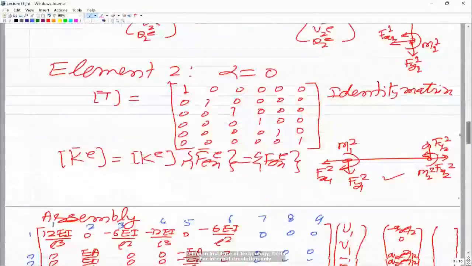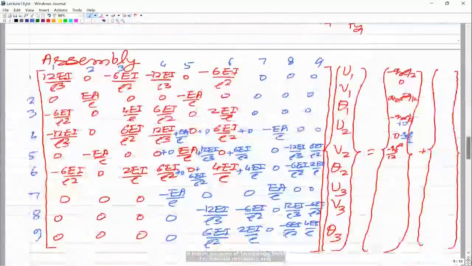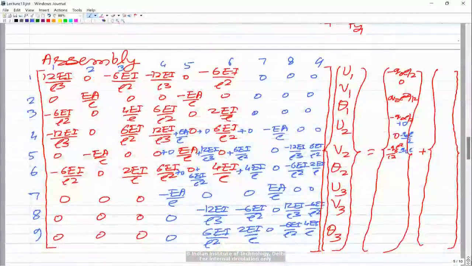So it is 0 here. Here it would be minus q naught L square by 12. So that is what will be added over there, and then we will have 0, and then again minus q naught L by 2, and q naught L square by 12.